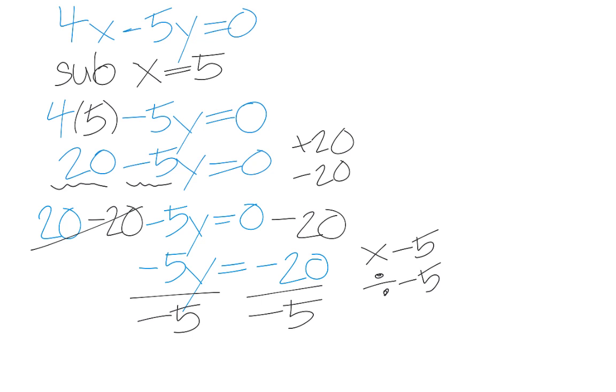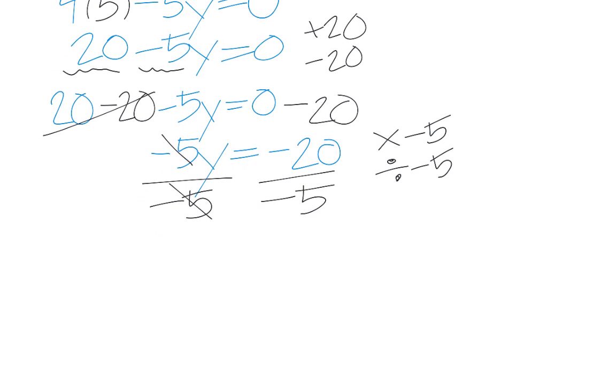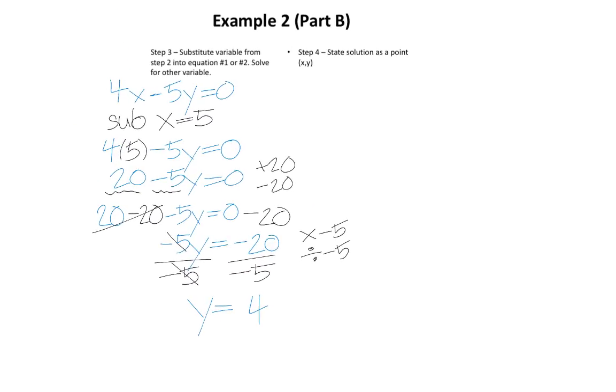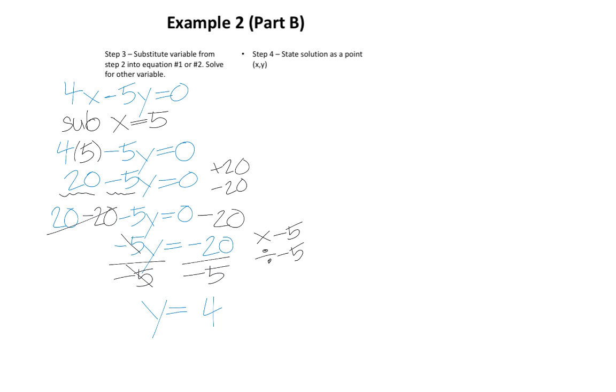These negative 5's cancel out, and all I'm left with is y equals negative 20 divided by negative 5. So 20 divided by 5 is 4, and a negative divided by a negative is positive. Therefore, y is equal to 4, and I'm in a position to write a concluding sentence.